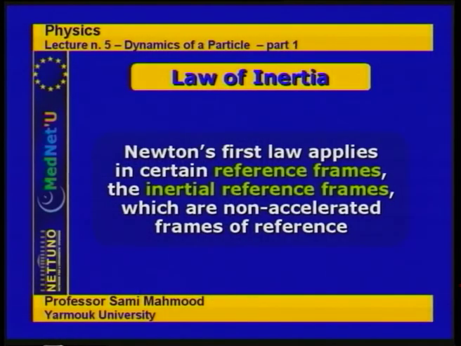It is applicable in certain frames of reference, a special type of frames of reference. Those frames of reference are called the inertial frames of reference. So Newton's first law is applicable only in inertial frames of reference, which are non-accelerated frames of reference.